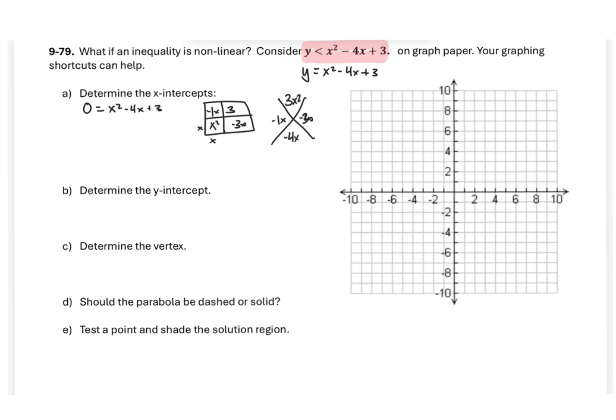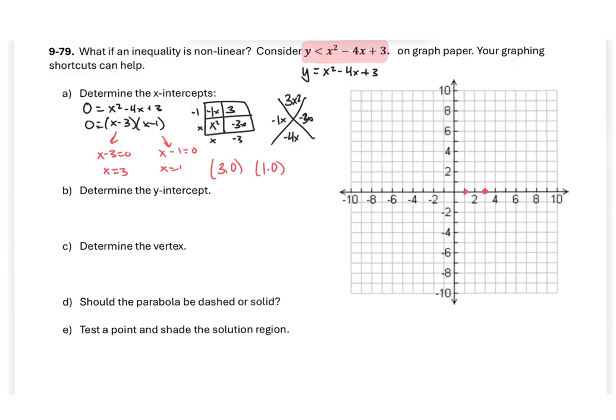So that turns into x minus 3 times x minus 1 equal to 0 by my zero product property, which then means that x minus 3 is 0 or x minus 1 is 0. And I'm going to get x is 3 or x equals 1 when I solve. But because it asked me for intercepts, I'm going to write it as (3, 0) and (1, 0). I'm going to put my x-intercepts here.